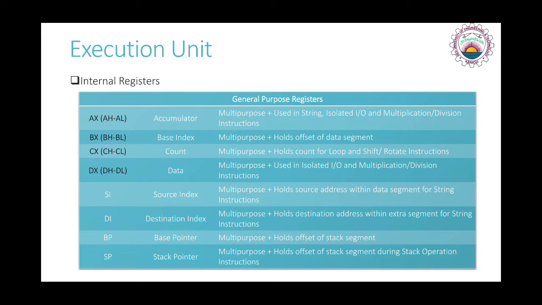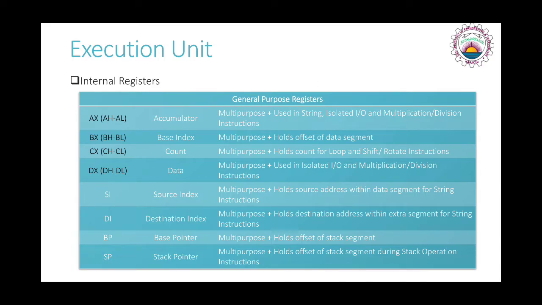Now CX register is called count register. It is another multipurpose register and it holds count for some instructions like loop, shift, rotate instructions. Detail will be coming in instruction set topic.